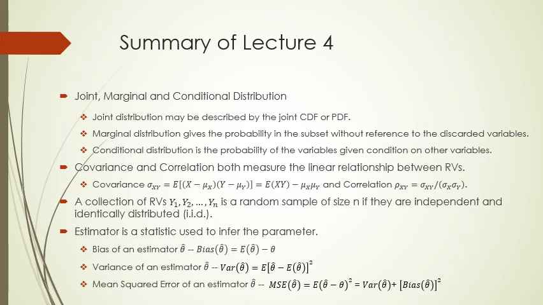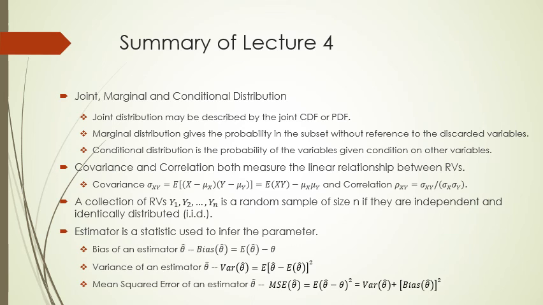A random sample of size n is a collection of independent and identically distributed random variables y1, y2, yn. Because n random variables are mutually independent, the joint distribution of a random sample is the product of their marginal probabilities.